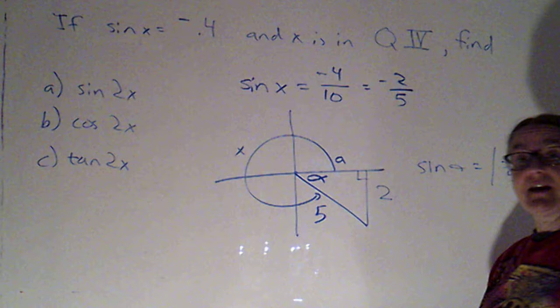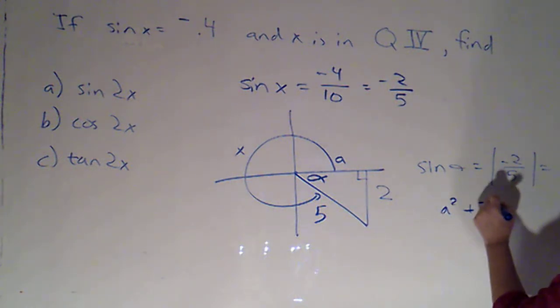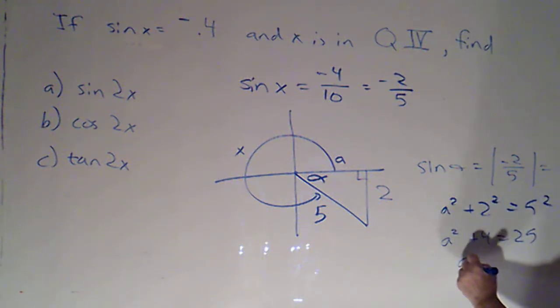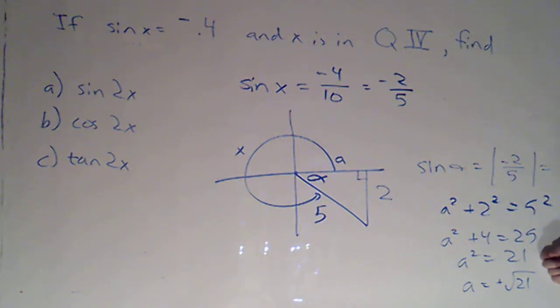I want to know the adjacent, so let's use Pythagoras. So a squared plus 2 squared is 5 squared. A squared plus 4 is 25. A squared is 21. A is the positive square root of 21. Again, algebraically, two answers to that. Geometrically, if I'm finding a side length, it's positive.